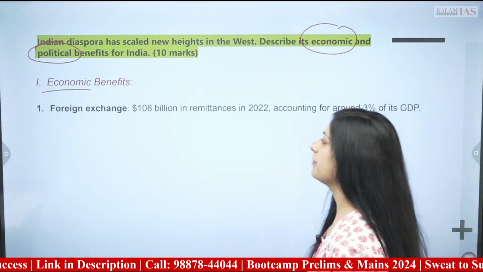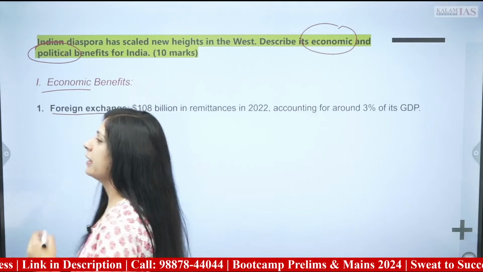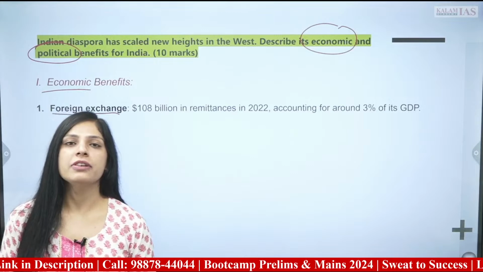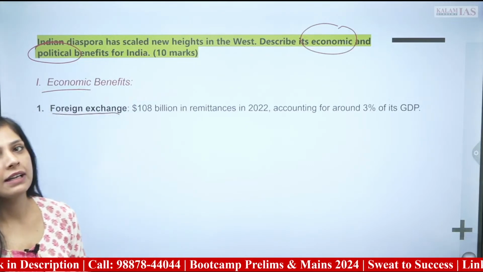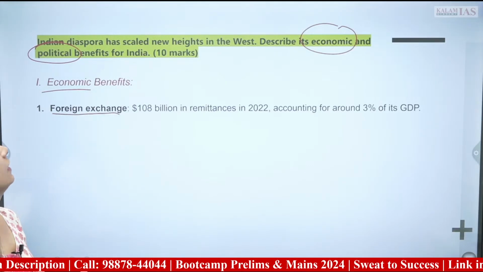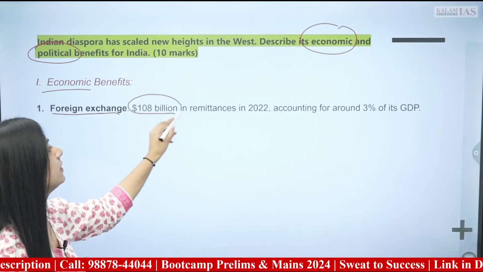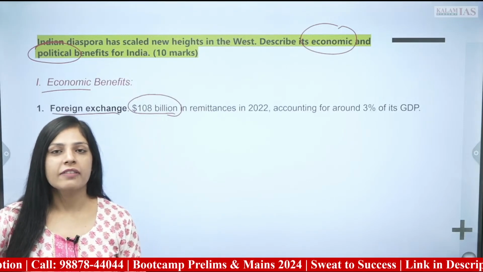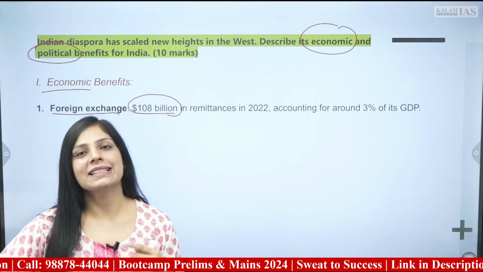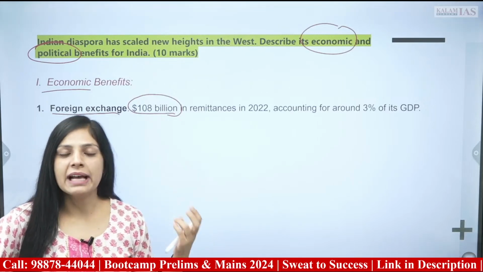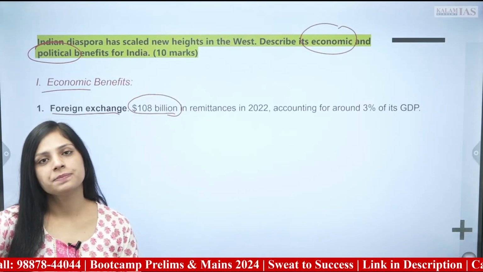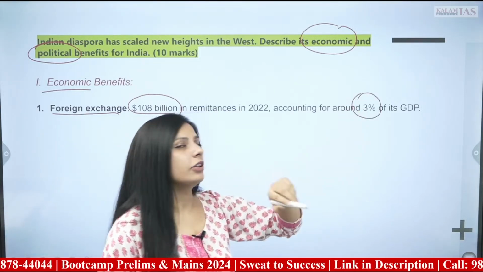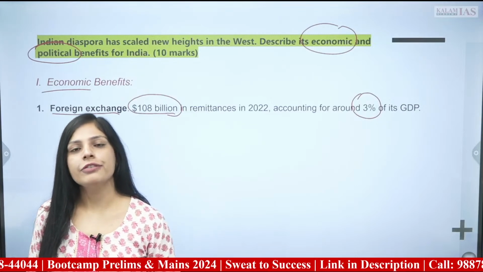See, first we can say foreign exchange. Diaspora provides us a huge source of foreign exchange in the form of remittances, right? 108 billion dollars in remittances were received in 2022, which makes India the highest recipient of remittances in that year, and it accounts for around 3%, 3.2 specifically, of GDP.